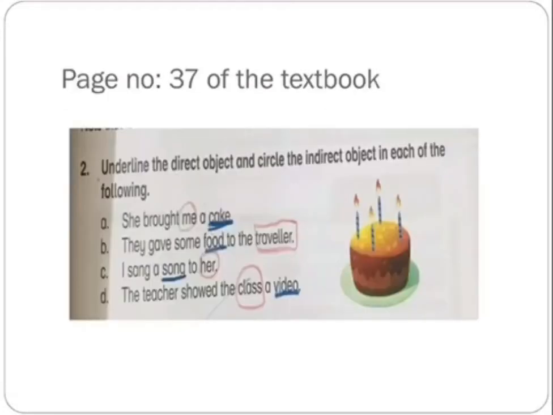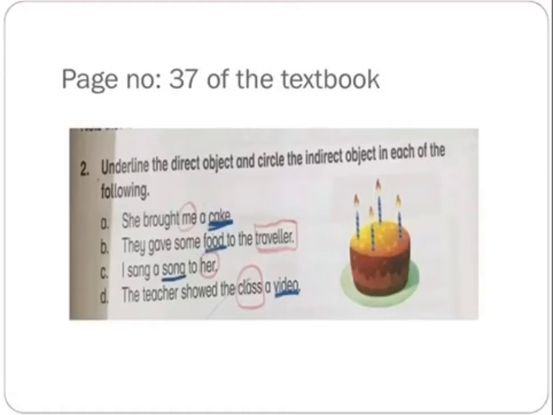Now, page number 37 of the textbook, let's discuss. Underline the direct object and circle the indirect object in each of the following. Remember that I told you that indirect objects are always between the verb and the direct object. So in the first sentence, she brought me a cake.